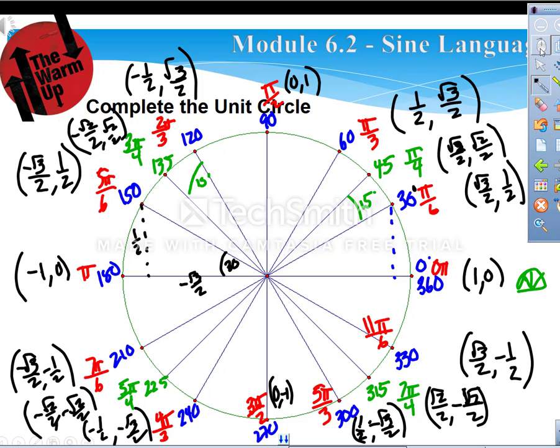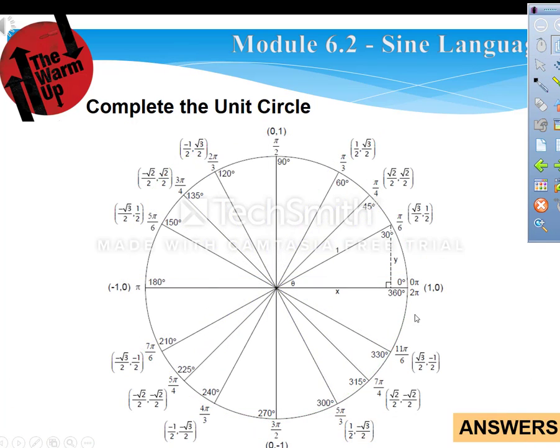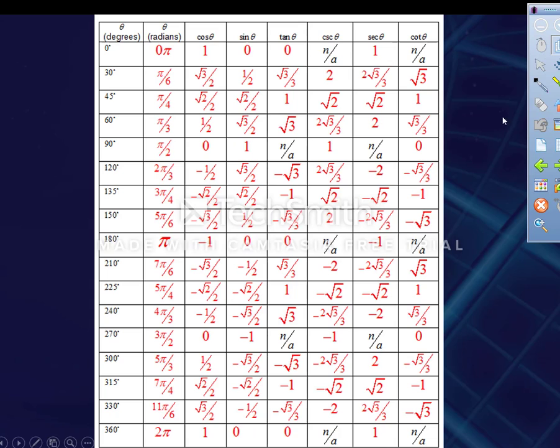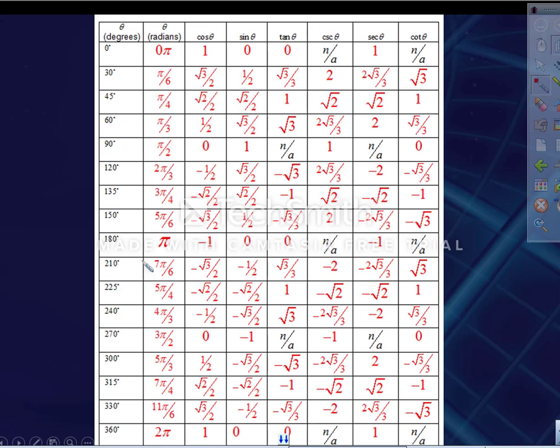Now, I'm going to go into that a little bit more. This chart right here, if you guys were to look at all the values that range from here, I'm going to actually highlight this. If you look at all the values that are in the first quadrant, which are right here, all of these are positive.